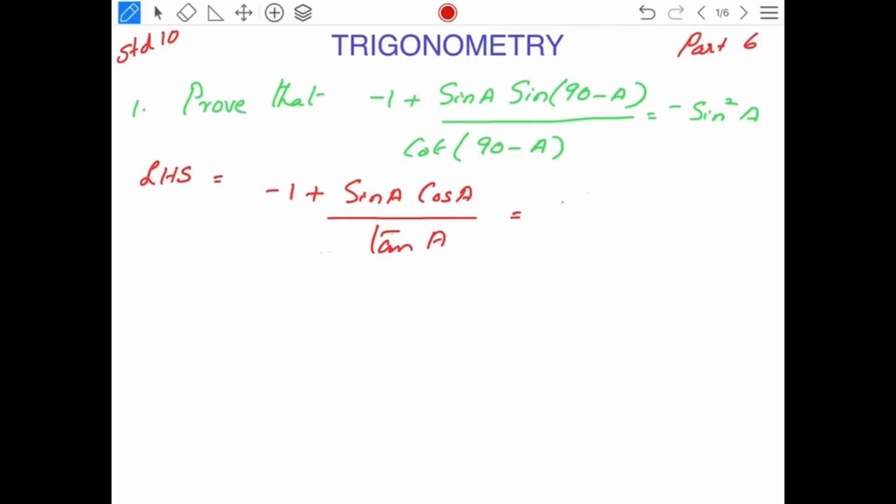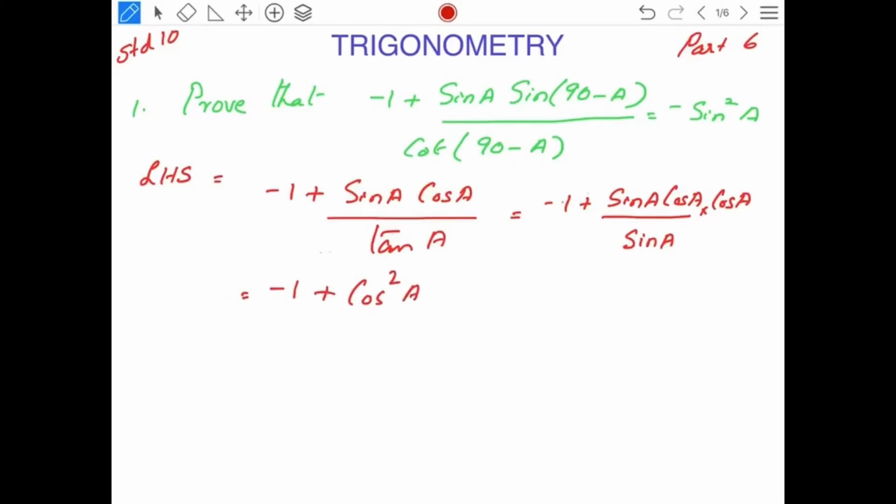So this is equal to minus 1 plus sin a cos a by tan a, and tan a is sin a by cos a. So the cos will go to the numerator. So this is equal to minus 1 plus sin a, and sin a will get cancelled and you're left with cos squared a.